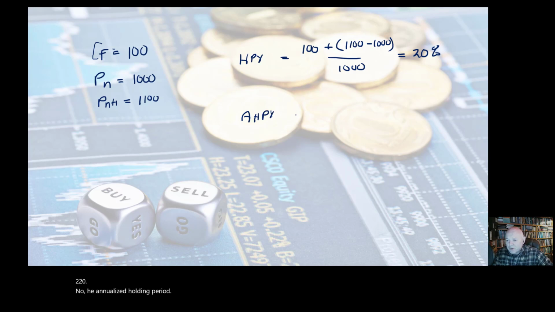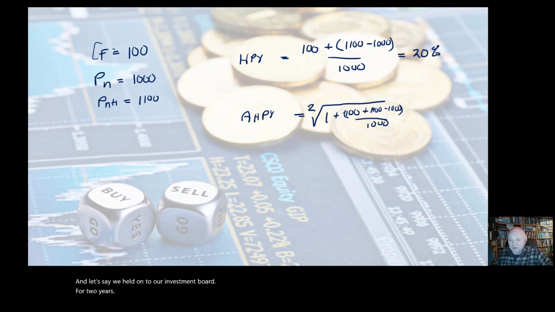Now, the annualized holding period yield starts off with that information. One plus 100 plus 1,100 minus 1,000, and let's say we held on to our investment for 2 years.